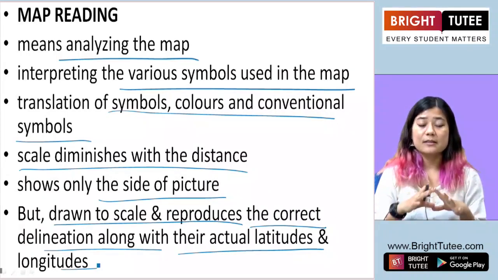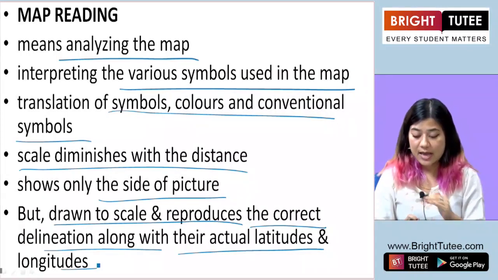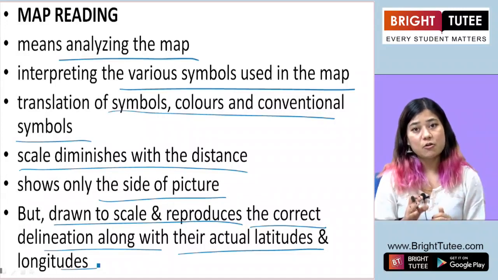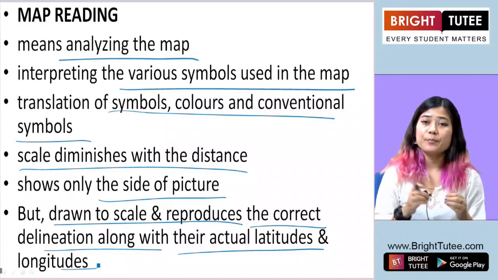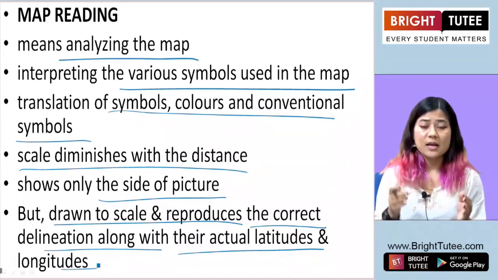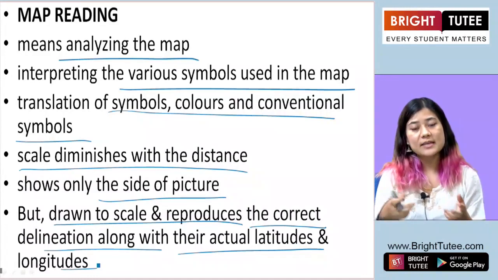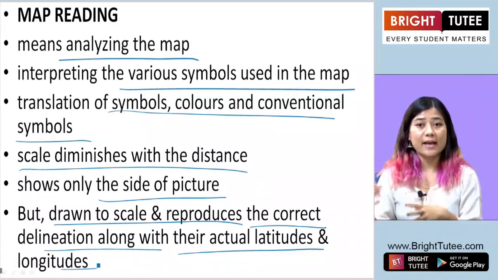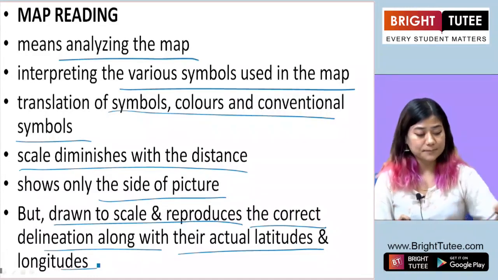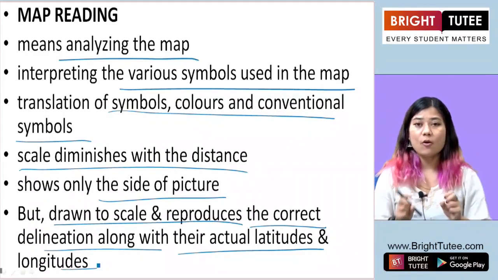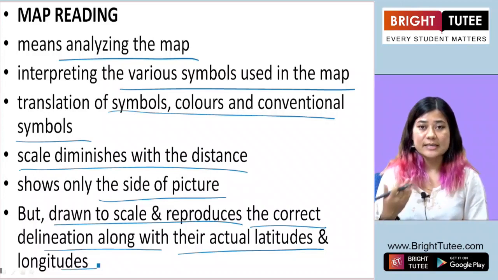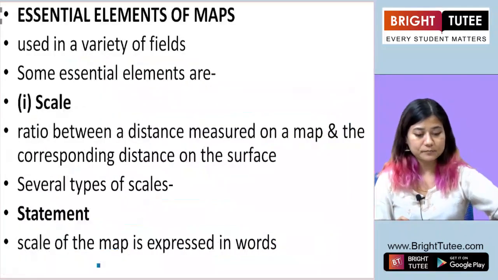That means the map is made in such a way that the actual latitudes and longitudes are correct, and the distances are put in such a manner that the distance on the map is equal to the distance on the actual earth. Alright? So those are all part of map making, and they make map reading easier and convenient.